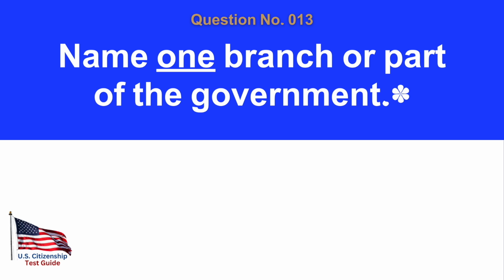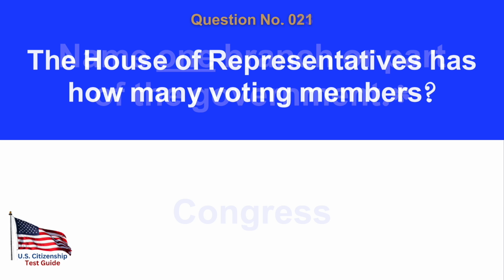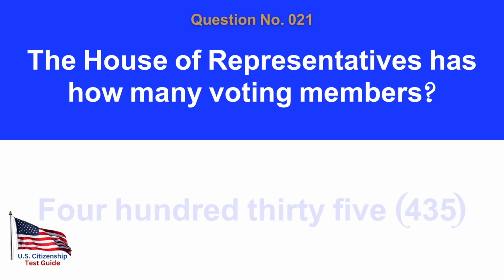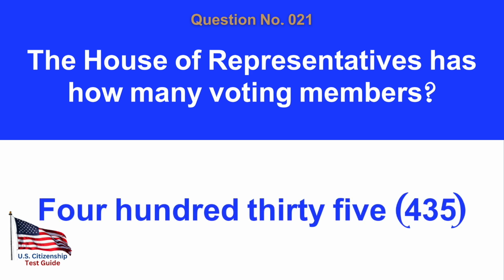Name one branch or part of the government. Congress. The House of Representatives has how many voting members? 435.